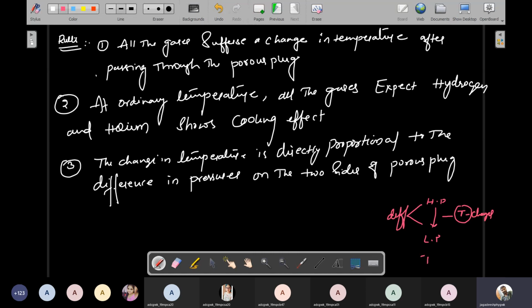So therefore, temperature change is directly proportional to the difference of pressures. So that is the one point. They finally concluded that the change in temperature is directly proportional to the difference in pressures on the two sides of the porous plate. Okay, so this is the theory.